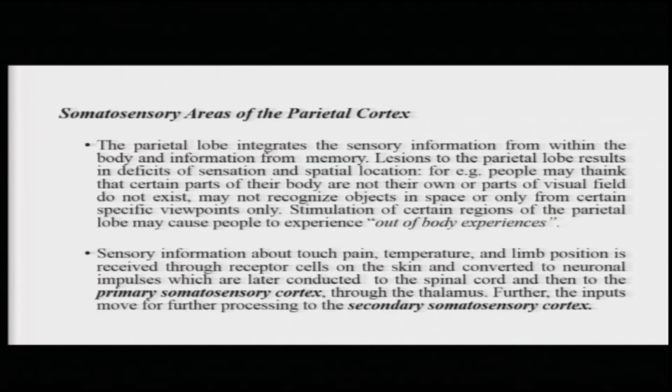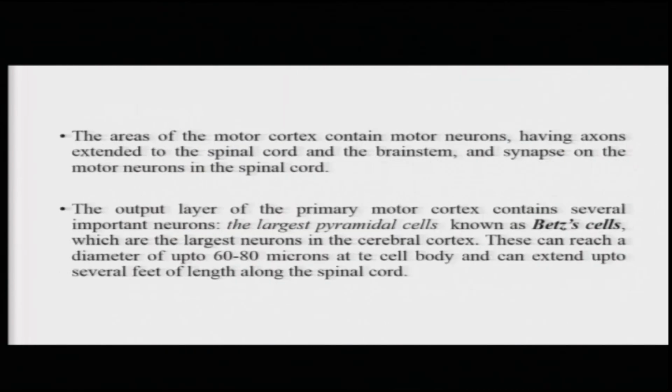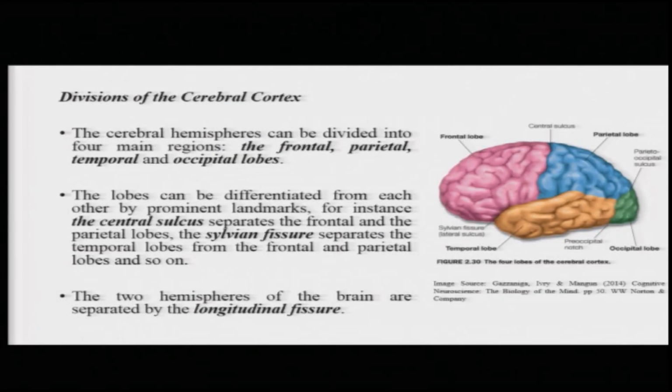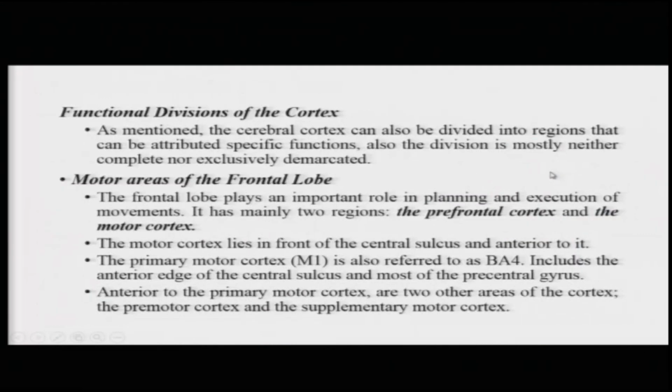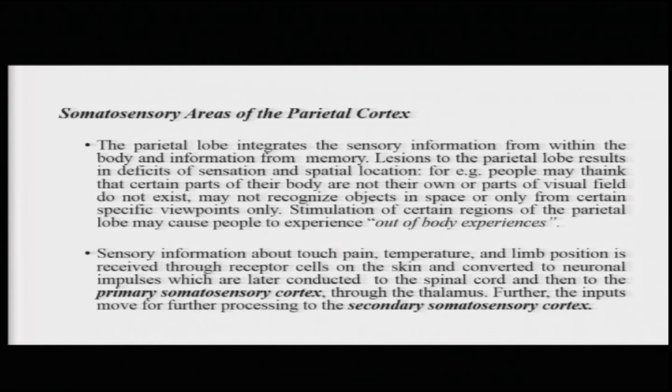Now let us talk about the somatosensory areas of the parietal cortex at the back. If you remember, this is basically the parietal lobe or the parietal cortex. We have to talk about the somatosensory region, which is typically this particular region here. This is referred to as the somatosensory cortex. Let us talk a little bit about this one. Now the parietal lobe, basically what it does is it integrates the sensory information from within the body and the information from memory.